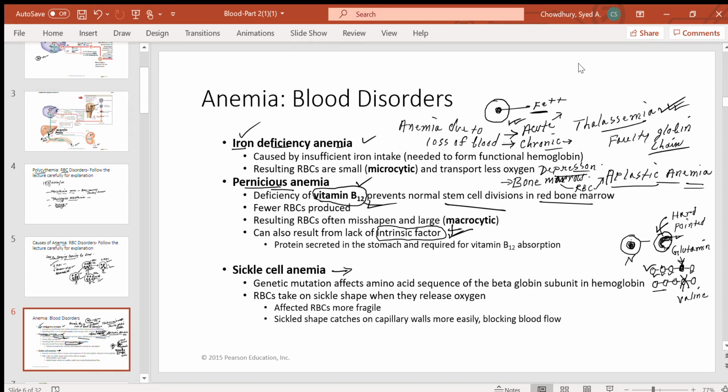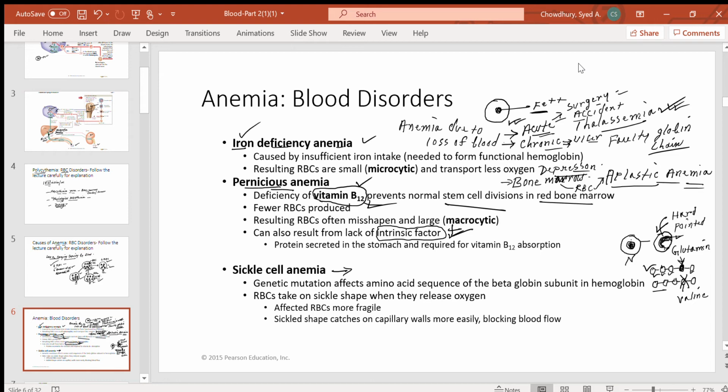A good example of acute blood loss is surgery. Major surgery, like big surgery, will cause a lot of blood loss. Accident, right? And chronic, a good example could be an ulcer in your stomach, and from that ulcer, a small amount of blood will leak all the time.